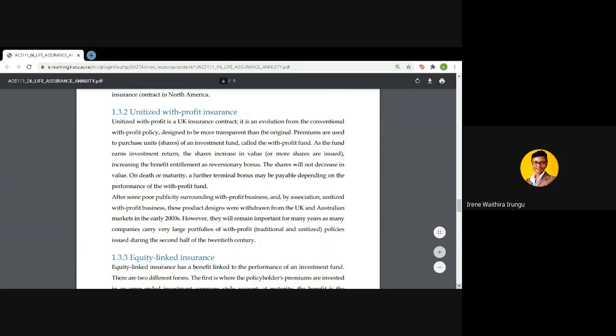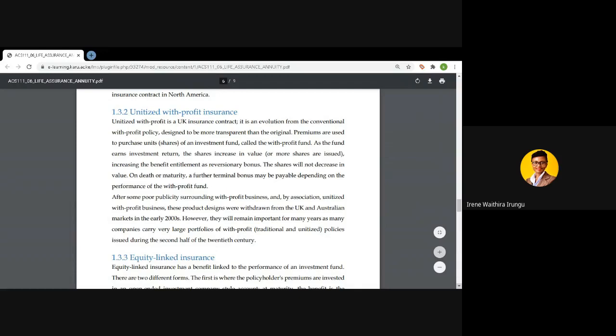And in some cases, they can choose not to pay in a particular year. Now, with the unitized, this brings in a more transparent element, in the sense that part of the premium the policyholder pays for their contract is used to buy what we call units. And these units can be perceived to be shares in an investment fund. And this fund is now the with profit fund.